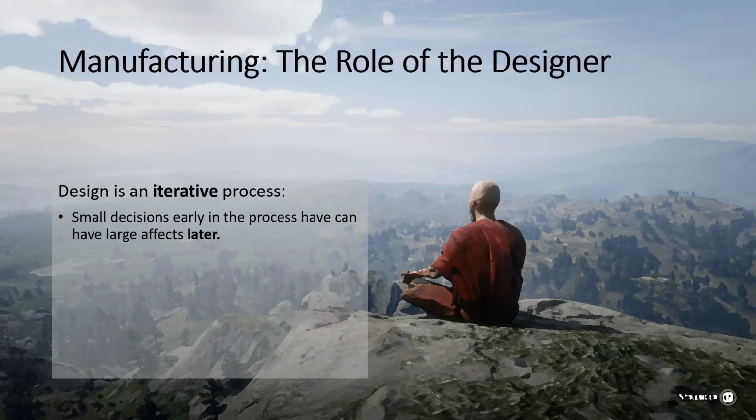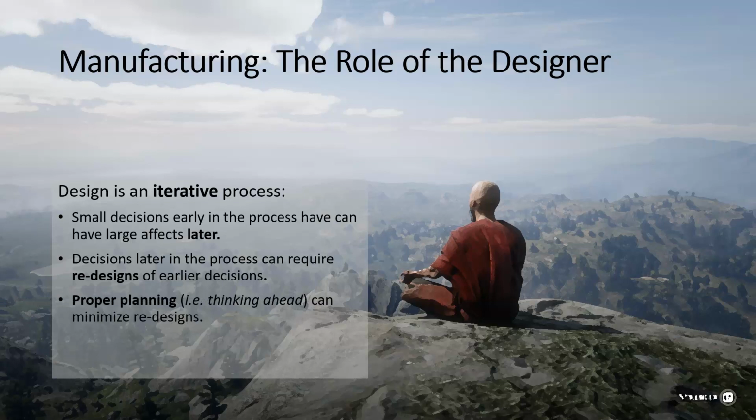So that's one thing that we need to be aware of. Decisions later in the process can require redesigns of earlier decisions. Because we decide to do something one way later in the process, it can reach back into earlier decisions.